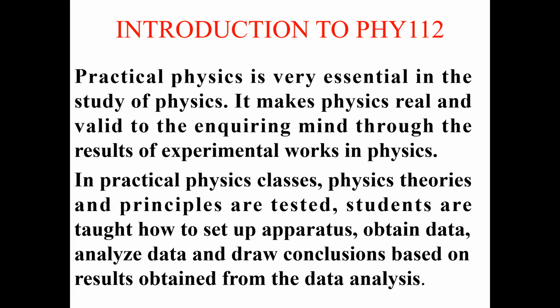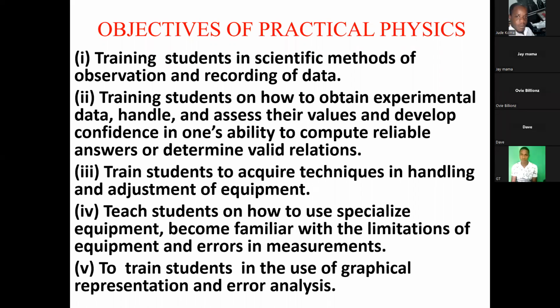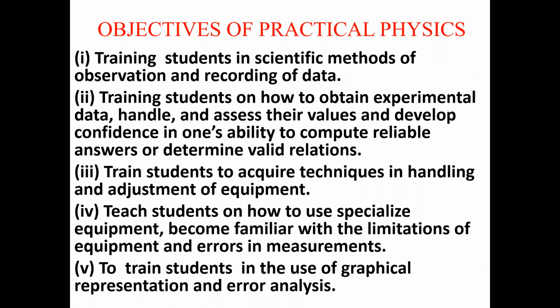So on the next slide, we have the objectives of practical physics. Number one, training students in the scientific method of observation and recording of data. So one of the objectives of practical physics is to train students on how to take scientific records and observations.